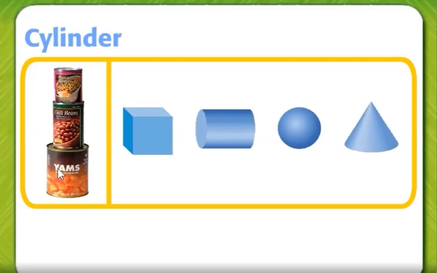Each object that you choose needs to be able to stack in the middle. For example, more cubes need to stack on top and on the bottom. More cylinders, more spheres and more cones need to be able to stack on top of each other. So point to the solid shapes that can stack up.